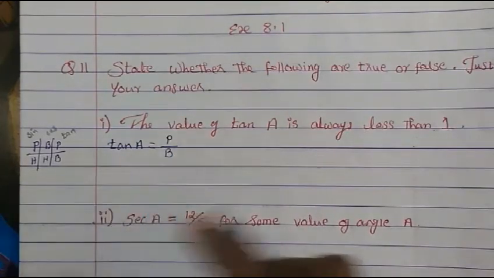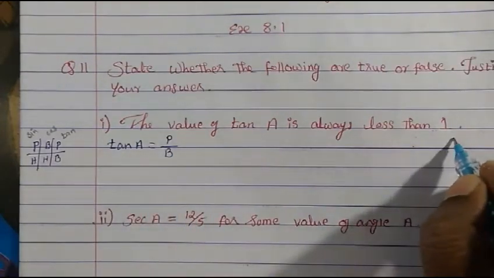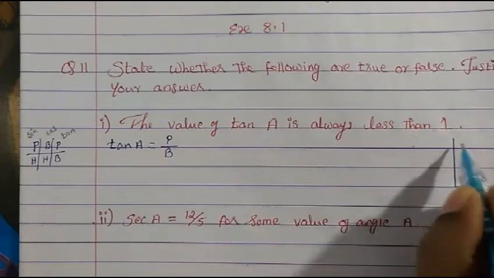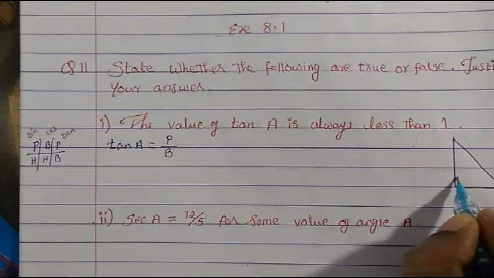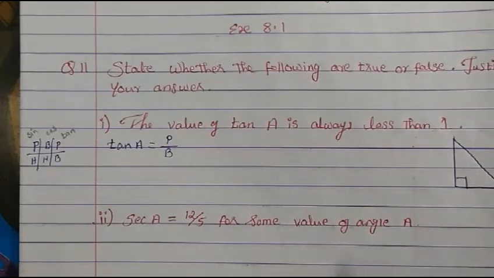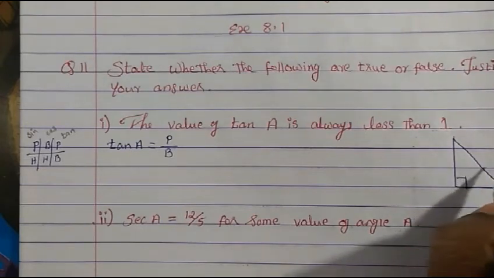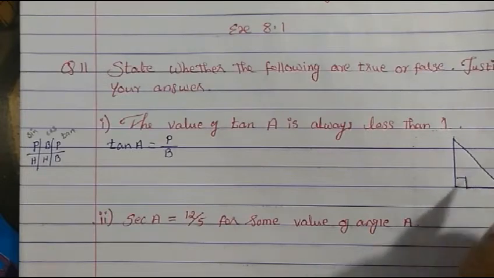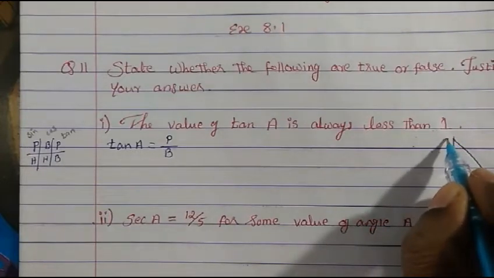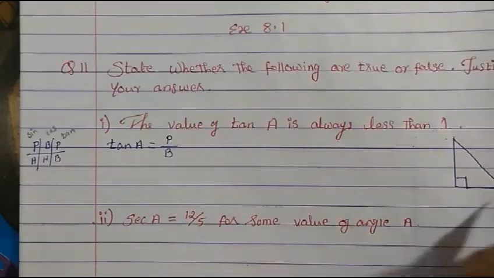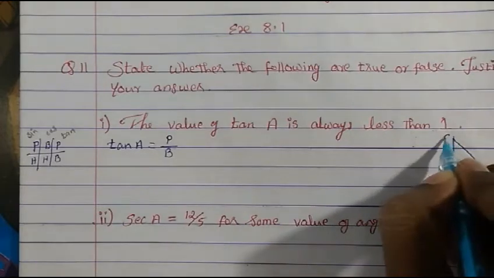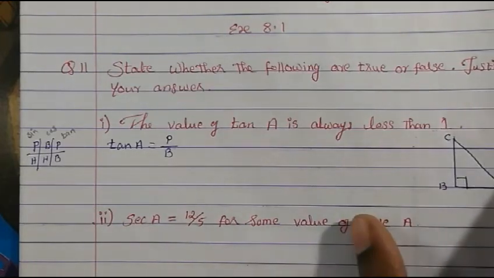So tan A, let us take a diagram here. It's a right angle triangle, so 90 degree should be there. Opposite to 90 degree is hypotenuse. And if this is 90 degree, then let us name it A, B, C. Okay, so ABC is the triangle.